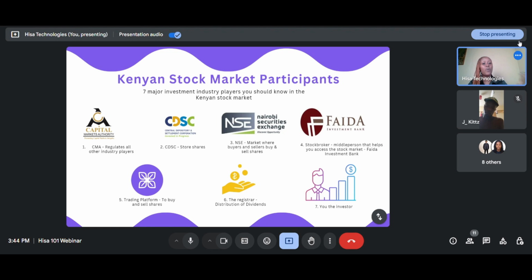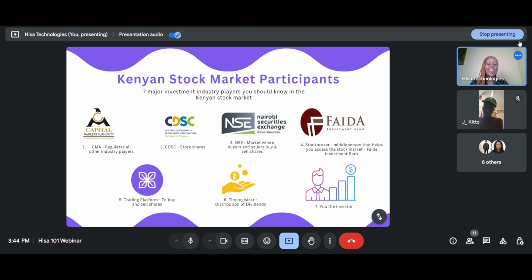So when you are starting to invest in the Kenyan stock market, you will need a CDSC account, which is a storage for your shares. The 3rd market participant is the Nairobi Securities Exchange, which in 2011 was known as the Nairobi Stock Market, but after 2011, the name changed to Nairobi Securities Exchange.